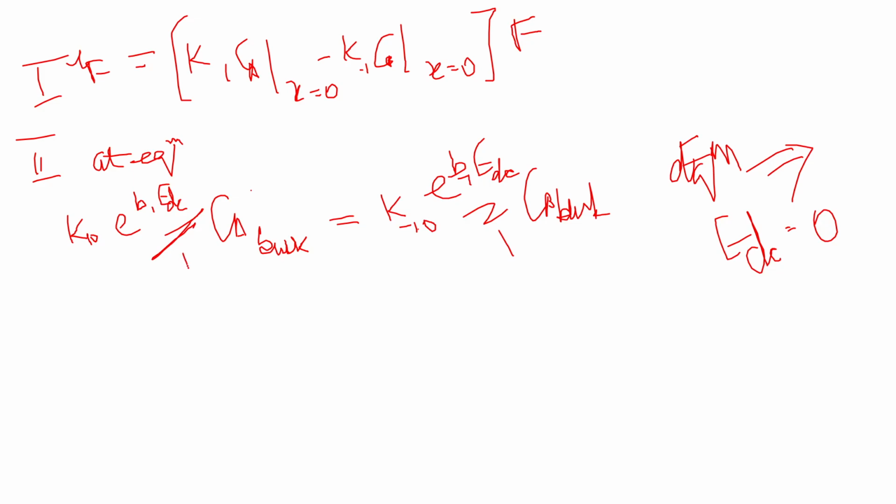Shortening and simplifying it, I write k1 0 Ca bulk equal to k minus 1 0 Cb bulk.